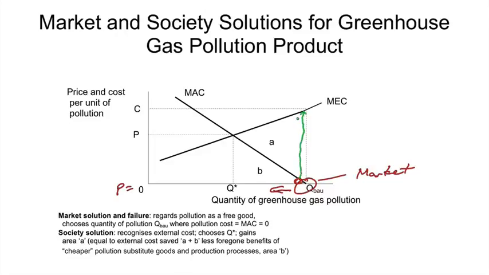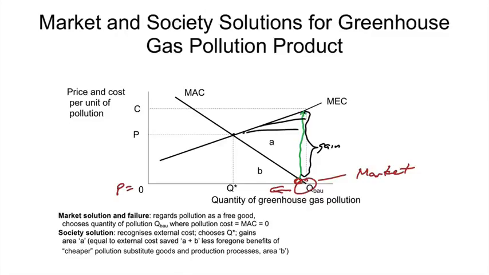So I'm actually ahead by this amount. That's the gain by reducing pollution from business as usual. That's why I would want to do it. And if I kept going, I would get gains all the way to this Q star.